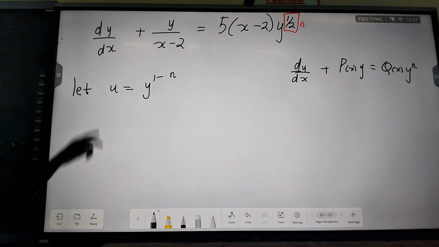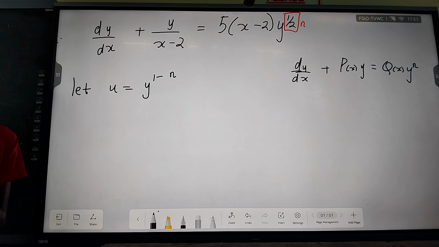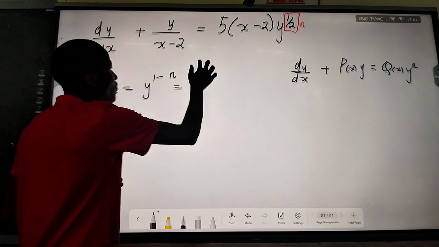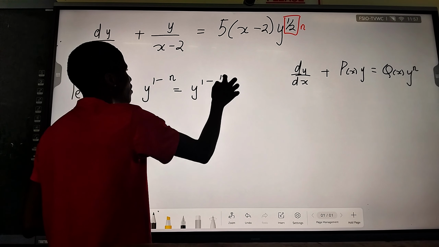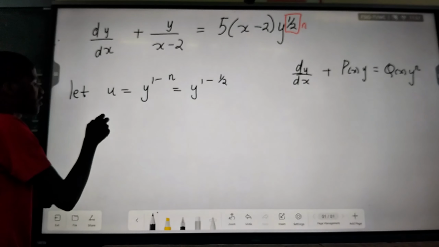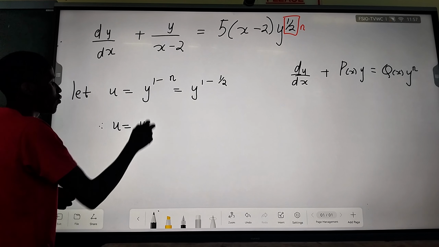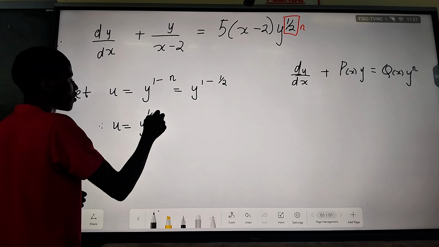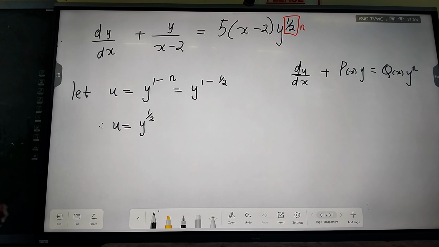So we get u, which is y to the power of 1 minus n. In this case, our exponent n is 1 over 2, so our u is y to the power of 1 minus 1 over 2, which is y to the power of 1 over 2.